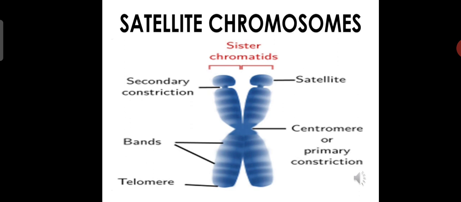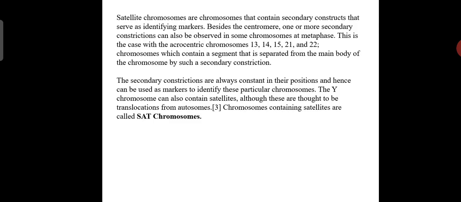So here you can see the structure of SAT chromosome, that is satellite chromosome, where you find a secondary constriction. Above that you have the satellite structure, bulb-like. So satellite chromosomes are chromosomes that contain a secondary constriction or that serve as an identifying marker.